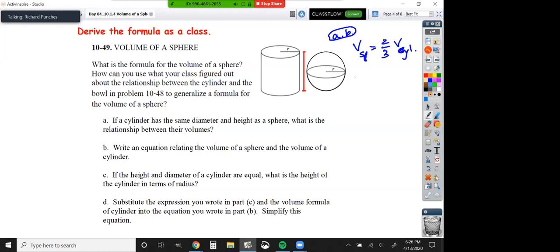So the volume of a sphere, which we don't know, is going to equal 2/3 of the base area. Well, the base area of this cylinder is going to be r squared pi times the height. Well, the height of this we know is the same as the diameter, which is 2 radiuses. So if this is 2r, then this is times 2r.